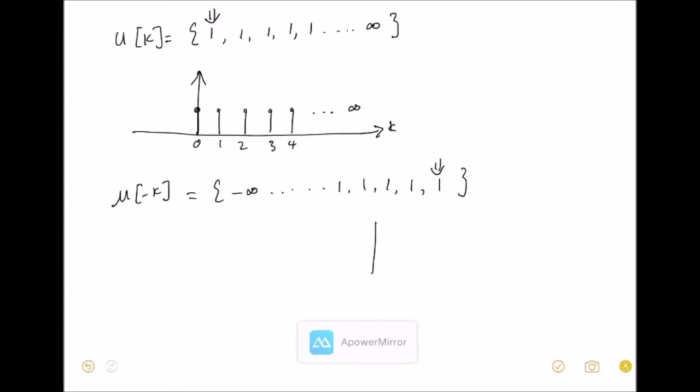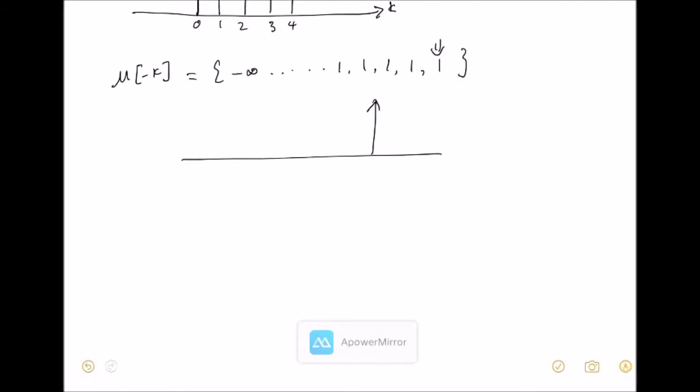If you draw a diagram, it will look like this. Now you know u[k] and u[minus k].